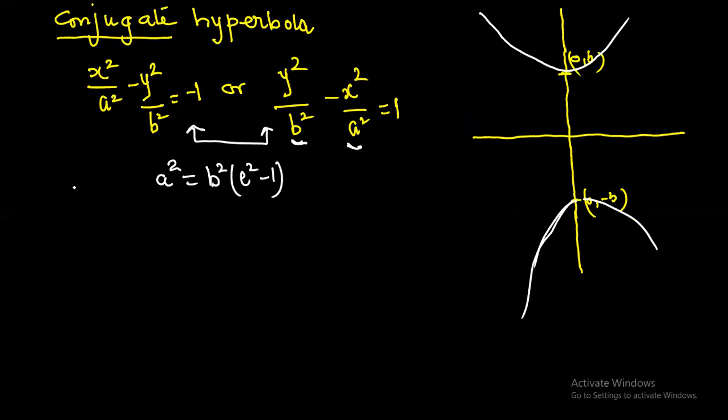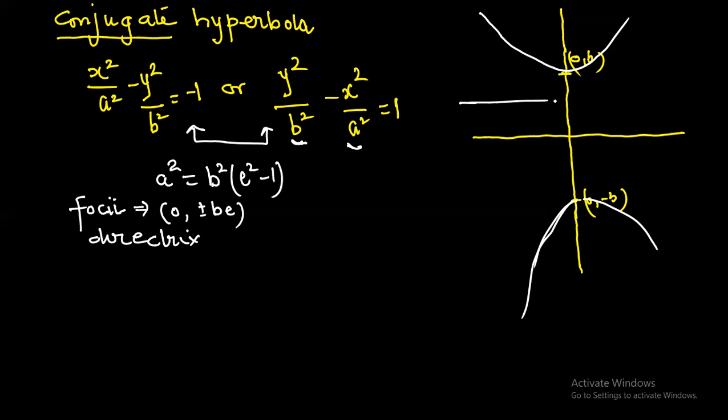Let's talk about foci. What will be the foci? The foci will become 0 comma plus minus b. Directrix will become x is equal to b by e, sorry, y is equal to plus minus b by e.